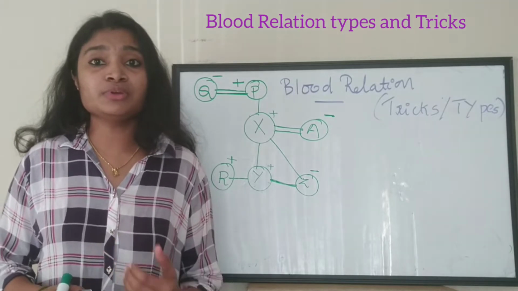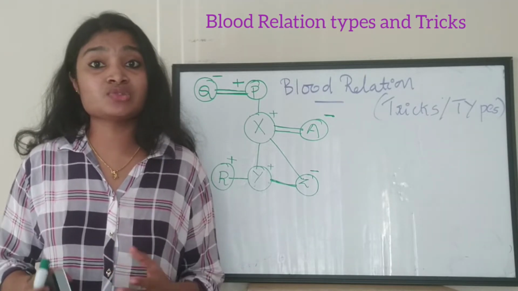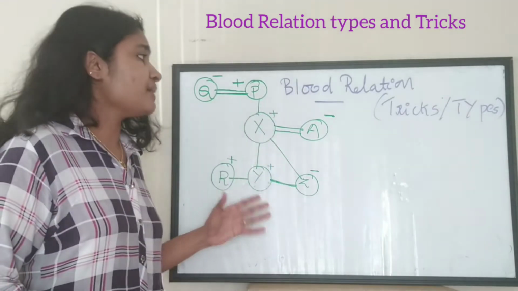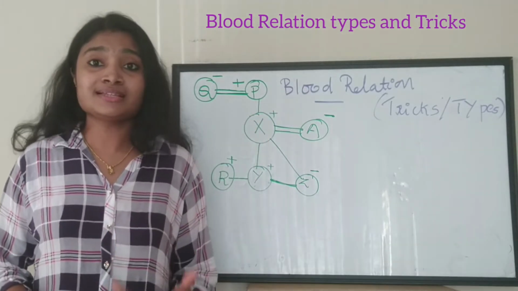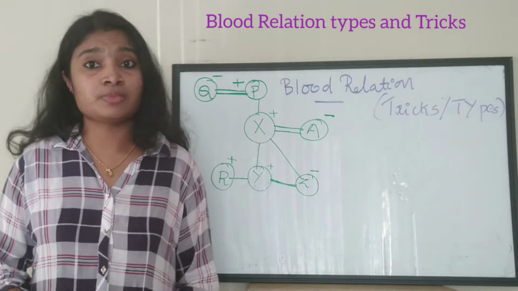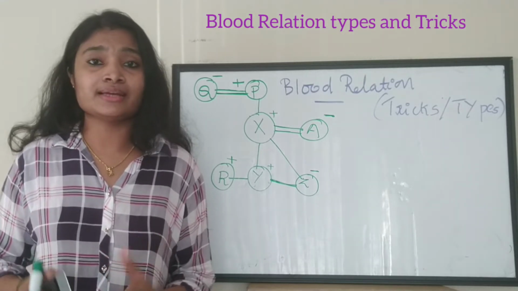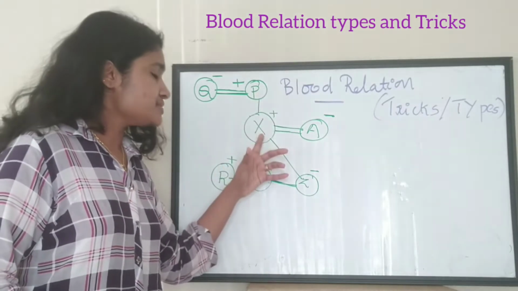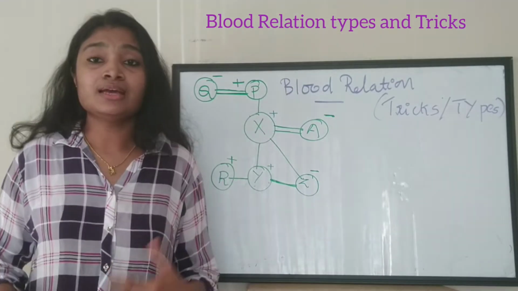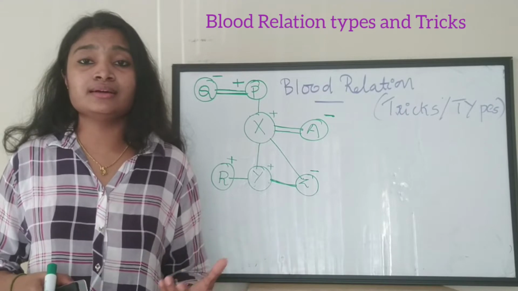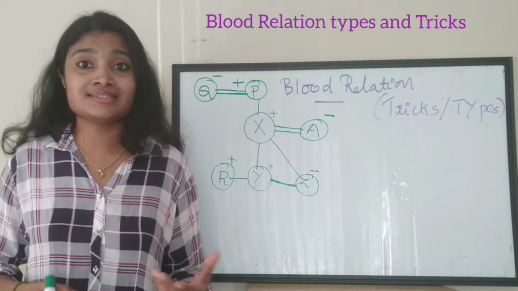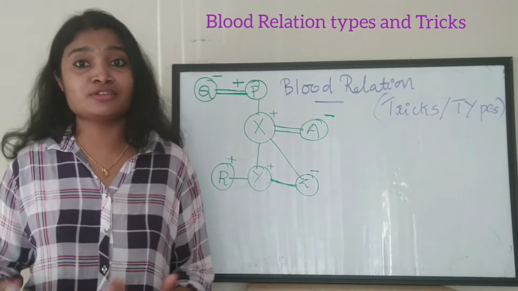Okay, so I'm going to approach this problem using a tree method. That is by drawing a family tree like this, which I'll be explaining later. Now, first let's see what is a blood relationship problem. So a blood relationship problem will be like this: if X is a person and another person, say P, is like the father, mother, cousin, sister, brother, nephew.